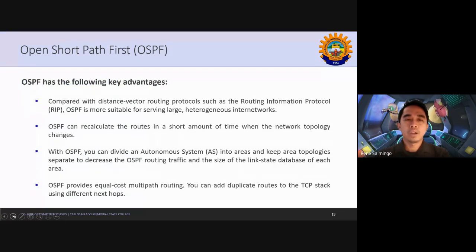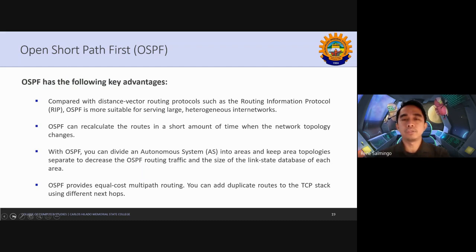So what are the advantages of OSPF compared to other protocols? Routing Information Protocol, or RIP, is more of a distance vector protocol, while OSPF is more suitable for serving large heterogeneous internetworks.